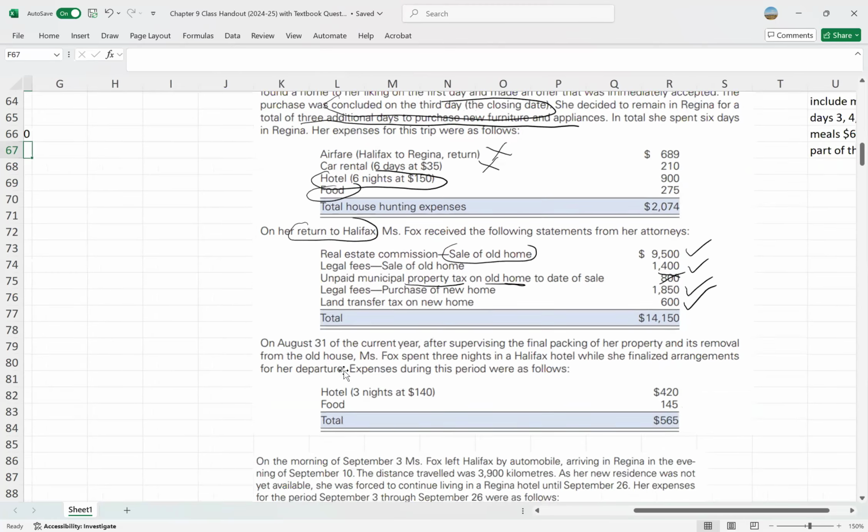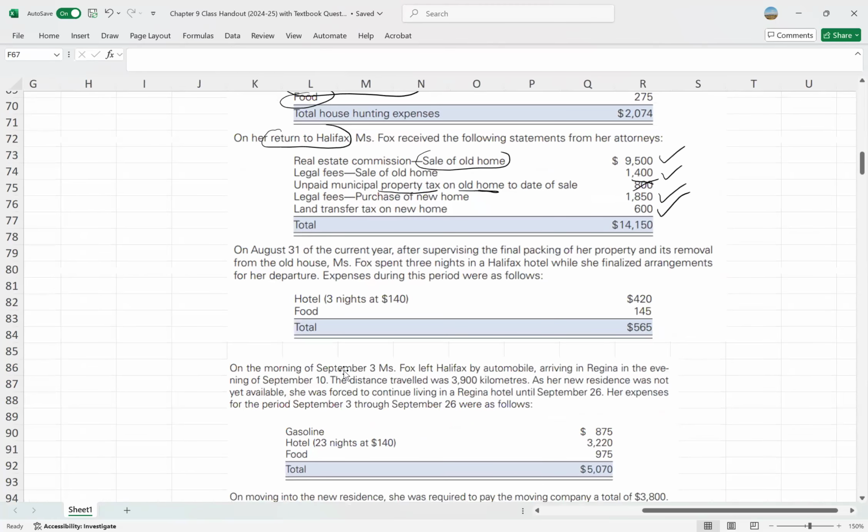So let's continue on. On August 31st, she basically packed up everything in her Halifax home and spent 3 nights in Halifax before departing. Once again, this is part of that 15-day maximum close to her old or new location. So 3 nights in Halifax and also the meals.